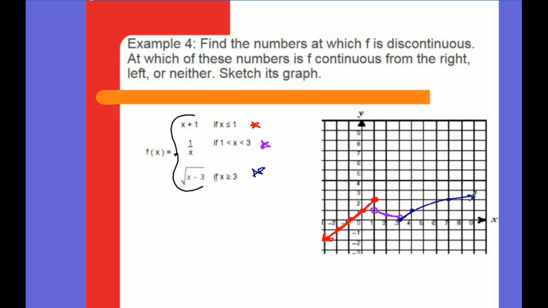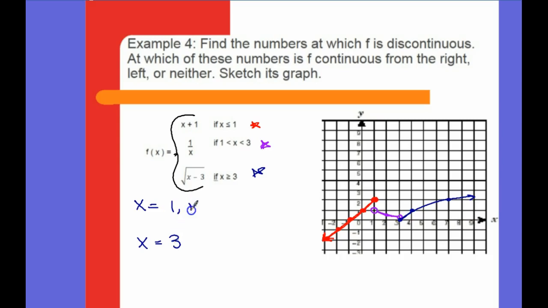So is this graph continuous on its domain? No. How many points of discontinuity do I have? 2. They usually occur at the endpoints of a piecewise. So at x equals 1 and x equals 3, I have points of discontinuity. What type of discontinuity are they?